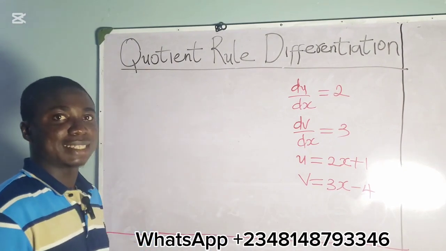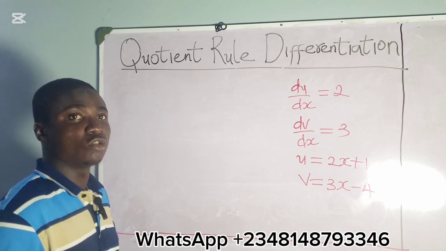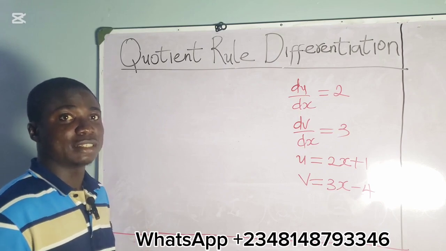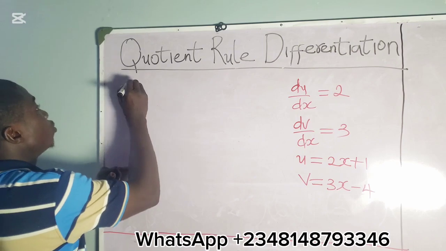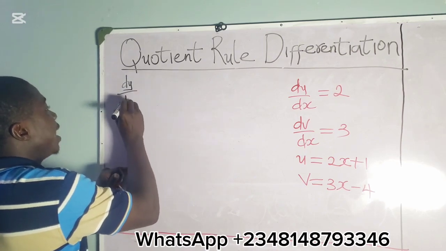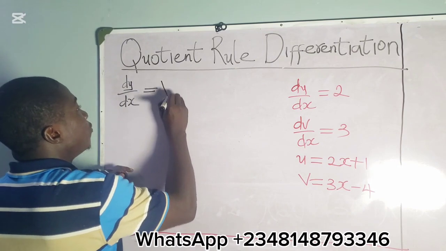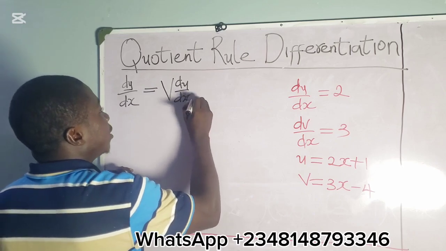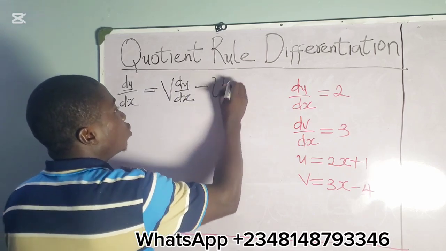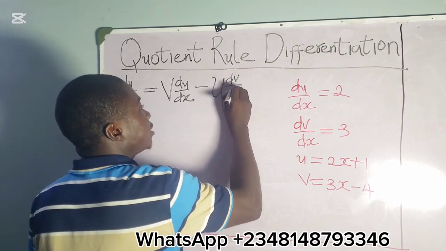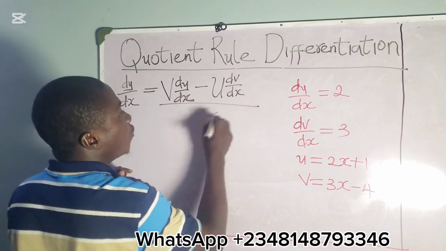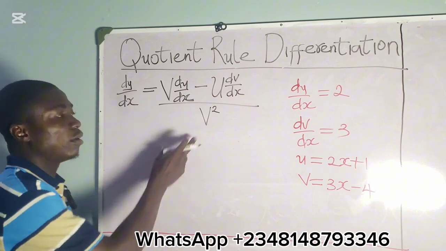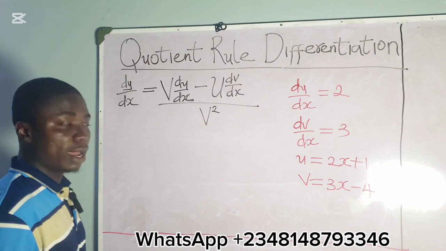All right, so what's our next task here? Our next task is to write down the quotient rule formula and substitute the necessary parameters. So dy over dx is equal to v du/dx minus u dv/dx all over v squared. All right, so if we substitute into this formula, what are we going to have?